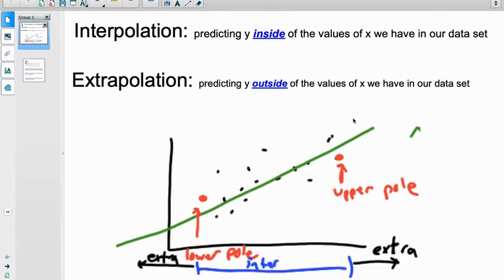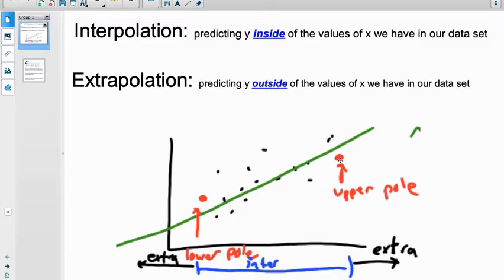Here's kind of a little picture to help represent it. So the black dots represent the data. Then we have two things, the two poles. We have a lower pole and an upper pole. The lower pole is the furthest left point, so the lowest x value we have, and the upper pole would be the furthest right point, which is the largest x number that we have.